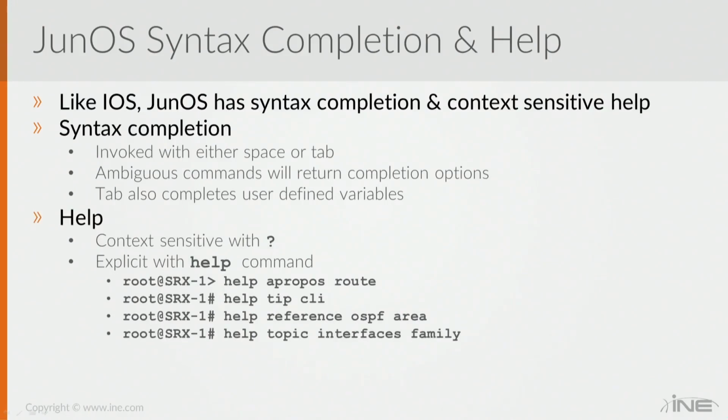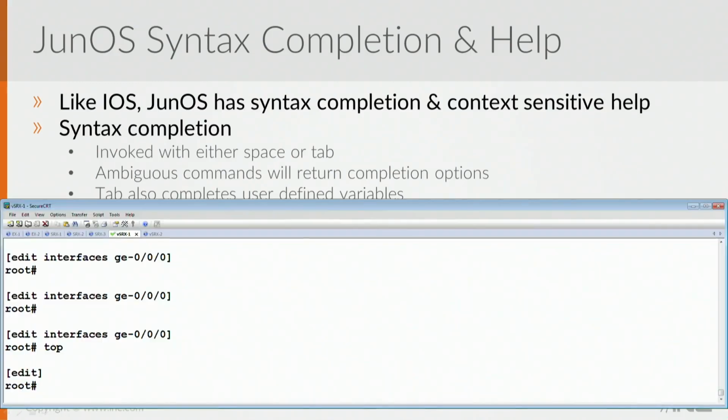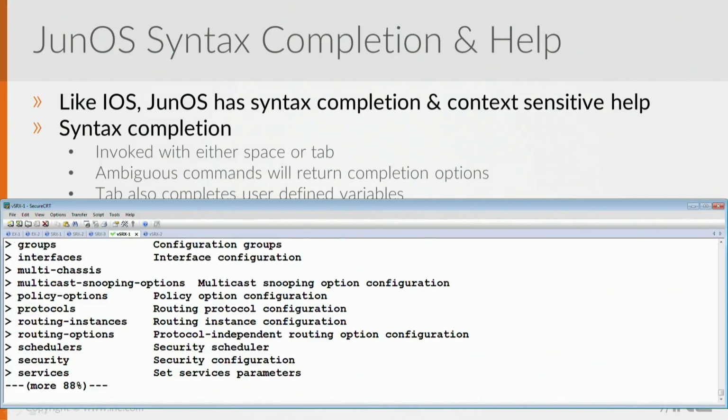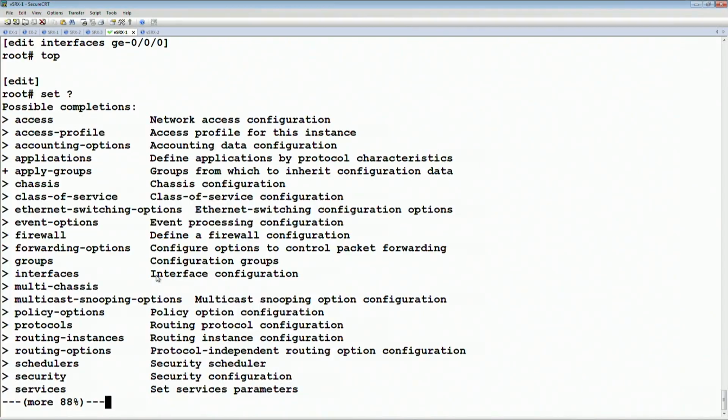We'll also see that it has a very detailed help system built in. You can use it for context-sensitive help. If you're in config mode, we could say set ? and this is going to tell me the different things that I can change.